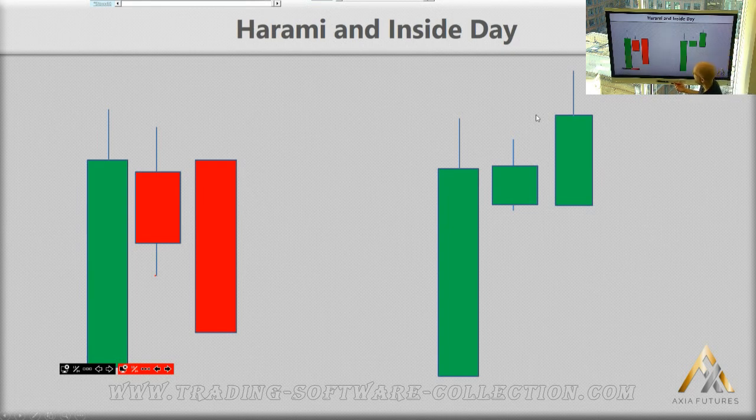A harami candle is one whereby you get the opposite candle to the mother candle, and theoretically this is an indication that we should go lower. For me, the point of an inside day is that this is a consolidation on the current move.